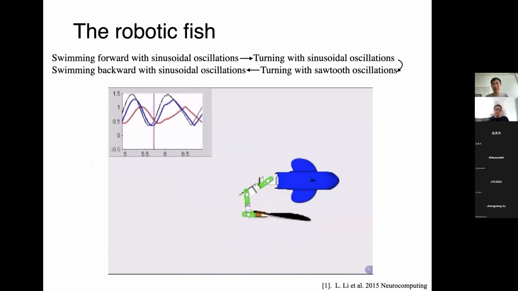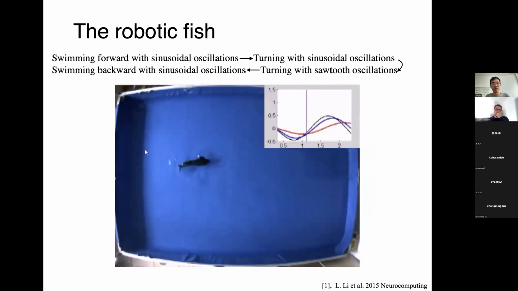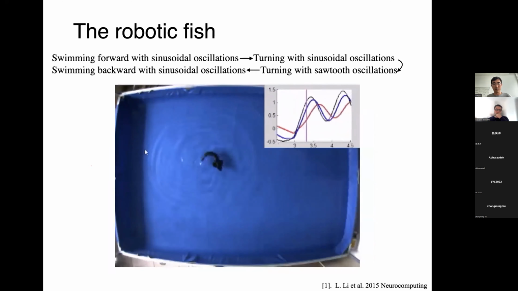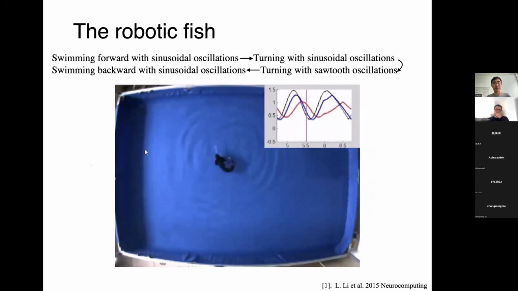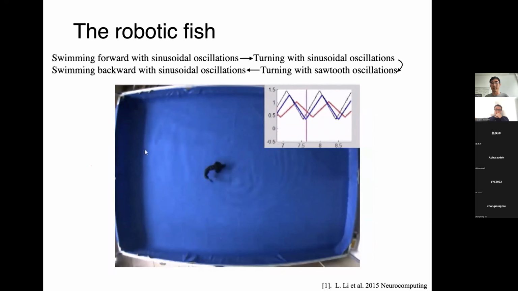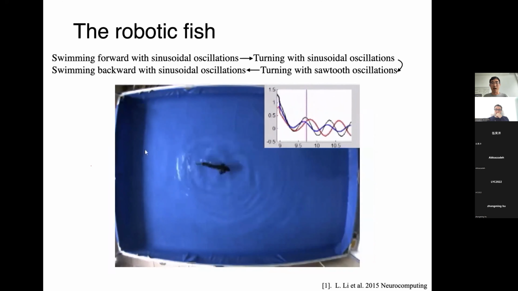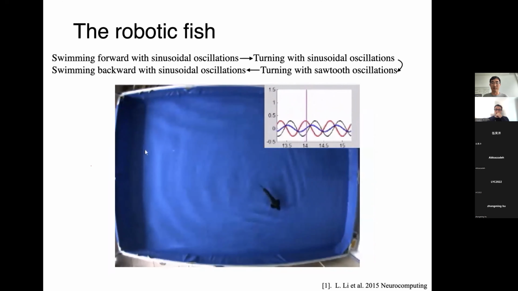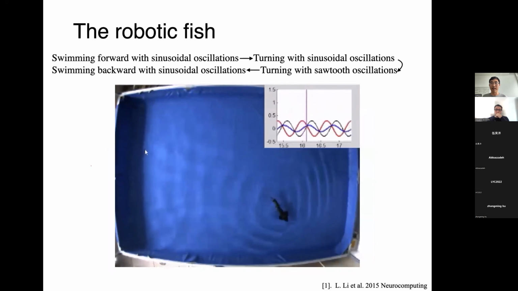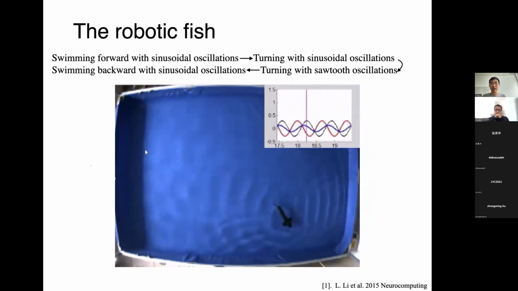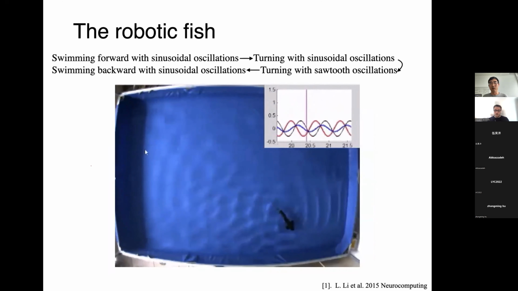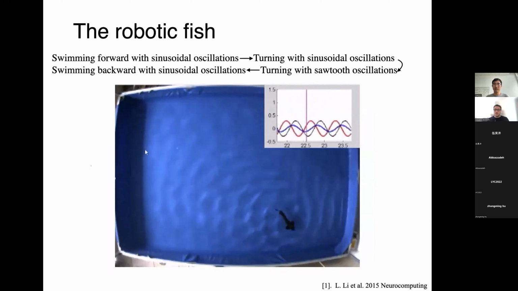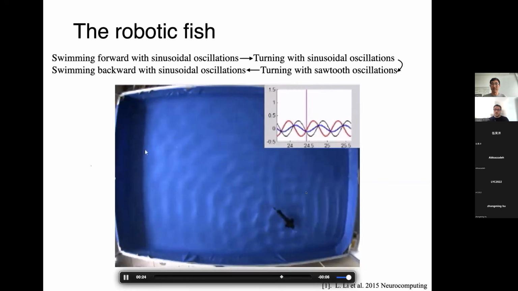After we pass this simulation, we put the controller to the robotic fish in a tank, and the robotic fish can swim forward, turn with different oscillations, and also with some special patterns, the robotic fish can also swim backward. It's not as efficient as swimming forward, but it does. Works very slowly now.